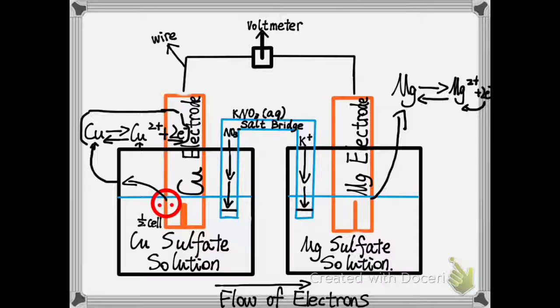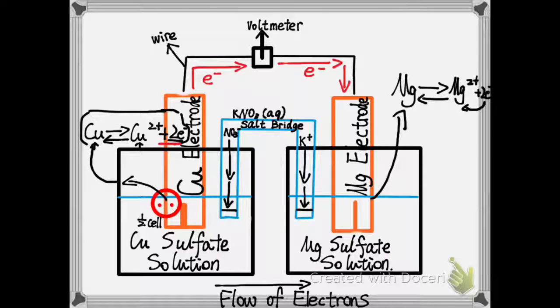And now what happens in the Voltaic cell is these two negative electrons go this way. They pass the voltmeter and keep going. It goes to magnesium.